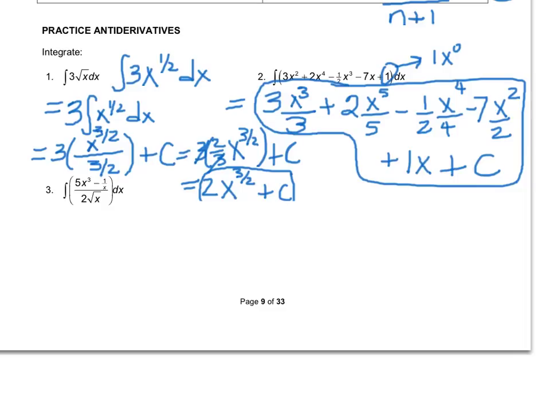So the first thing I'm going to do is rewrite the integrand, 5x cubed. Instead of writing 1 over x, I'm going to write x to the negative first. And instead of writing 2 rad x, I'm going to write 2x to the 1/2. Now remember, the 1/2 power is only being applied to the base of the x. And this is dx, meaning with respect to x.